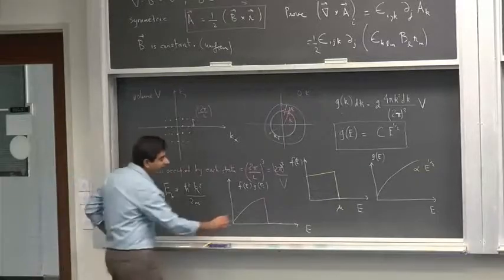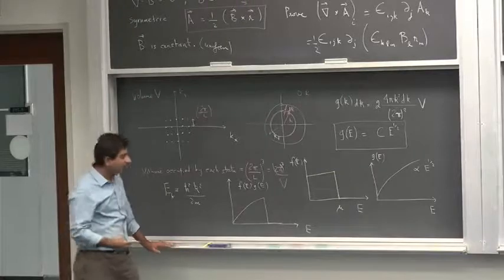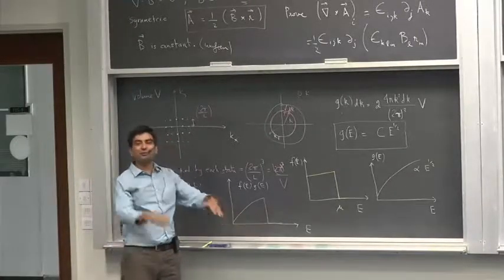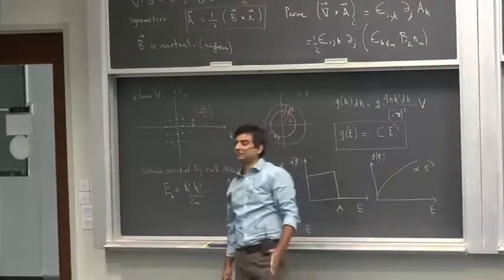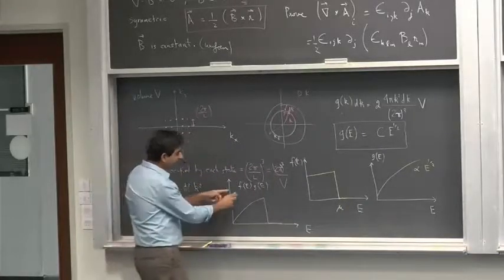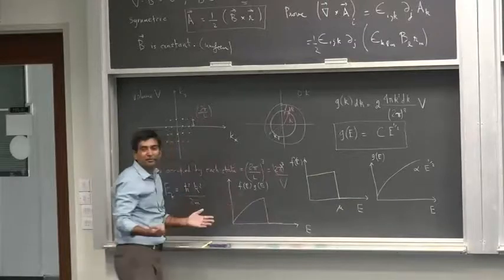And if I take the area under this curve, this will give me the total number of electrons up to the Fermi level. And that will be equal to the total number of electrons that are available inside the volume V. So I take the integral of this thing with respect to E up to E_F, and I will find out the total number of electrons inside the solid.